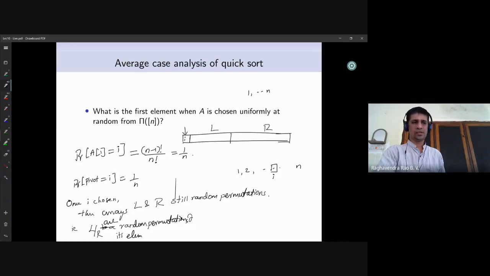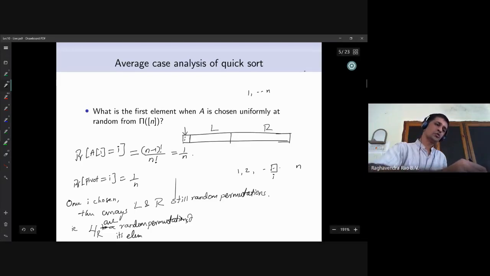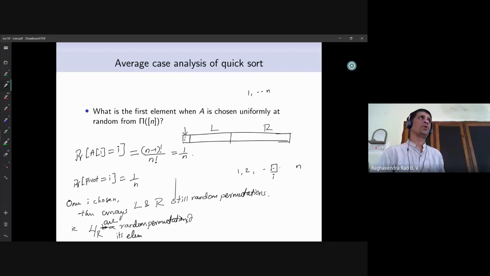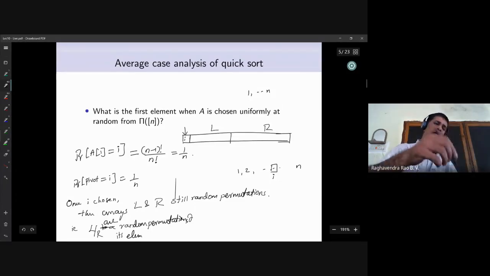I'd have to prove that it's equivalent, and I'm not going to prove it. I'm just giving it for intuitive understanding. You group all those elements which are smaller than and greater than the pivot, and you permute them, which is not equivalent, but the effect is similar to choosing a random permutation of the remaining. In fact, choosing the random permutation of the remaining is a bigger process.